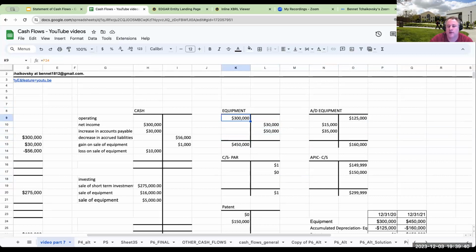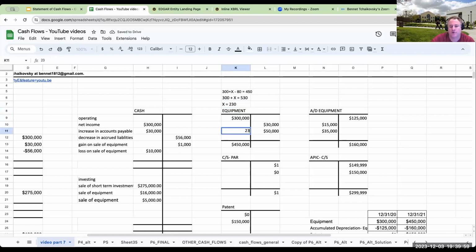What is it I'm going to need to balance? Well, you could say 300 plus X minus 80 equals 450. 300 plus X equals 530. X is equal to 230.